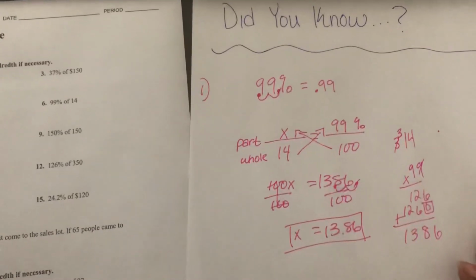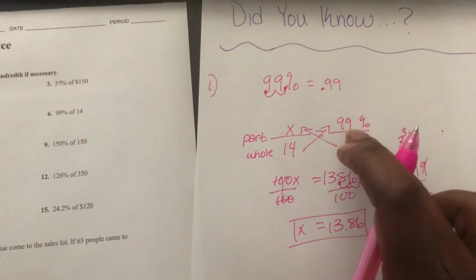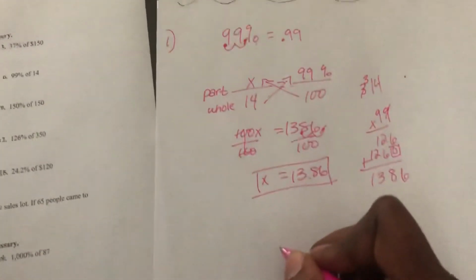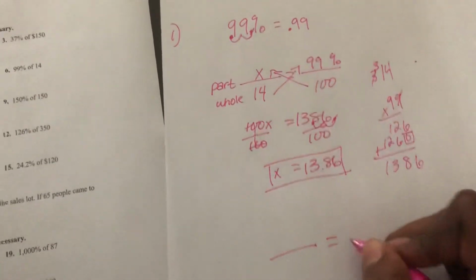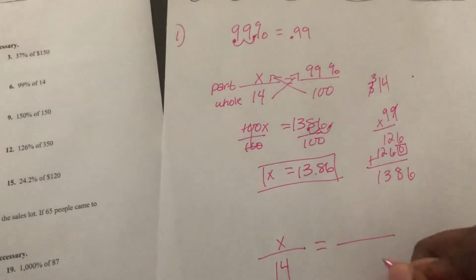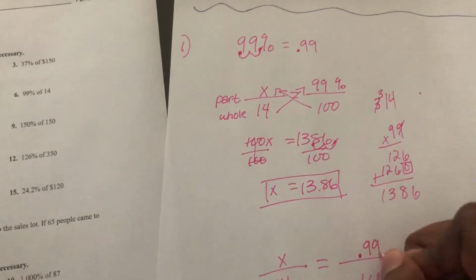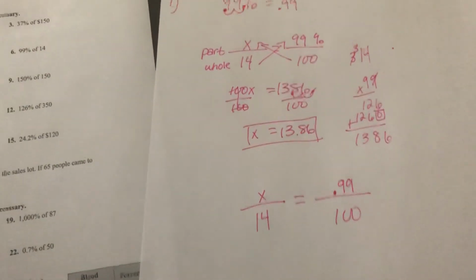So if you were to do it at the beginning instead of at the end, here's what you do. Here's our proportion, and I'm just going to quickly write it down. That's what you do.